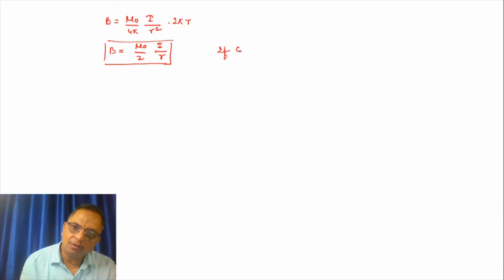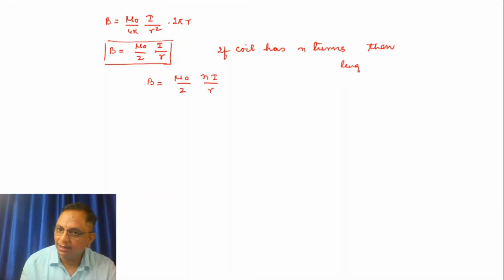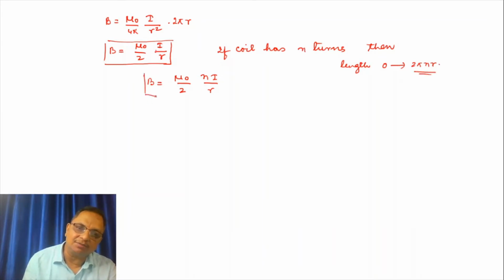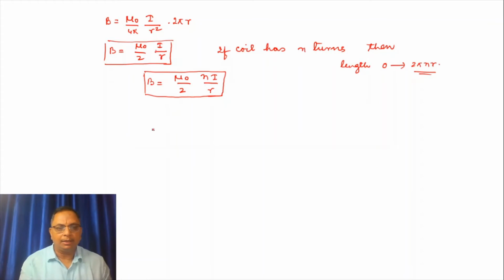If the coil has n turns, then the magnetic field formula becomes B is equal to mu 0 over 2 N I over r, because the length becomes 0 to 2 pi n r. Here n is the number of turns of the coil, and we can calculate it. This is the one application, and we get it here.